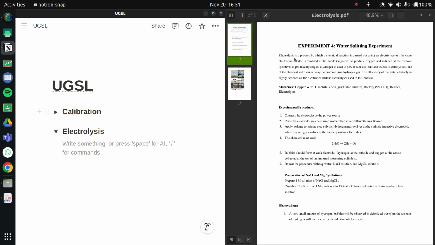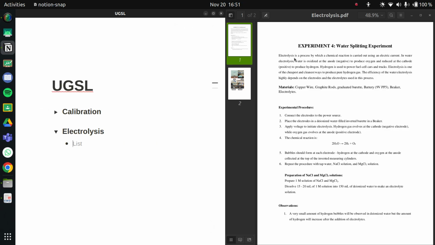In water electrolysis, water is oxidized at the anode to produce oxygen and reduced at the cathode to produce hydrogen. Sure, this is kind of obvious. We can remember that. Hydrogen is used to power fuel cells, fuel cell cars, and trucks. So H2 is used for that.